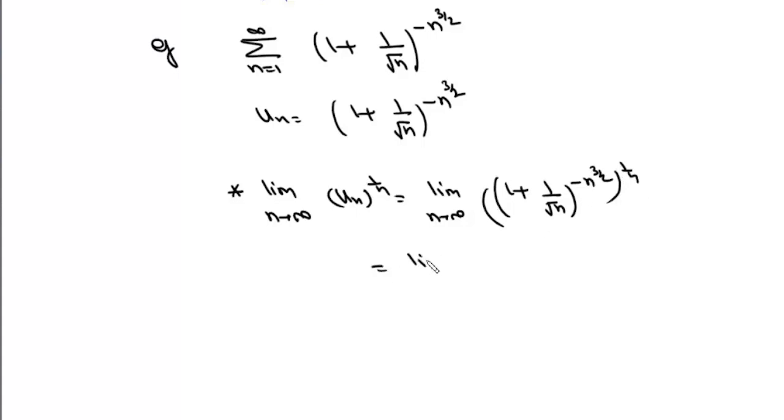So it will be this limit n tends to infinite 1 plus 1 upon under root n, to the power minus n to the power 1 by 2. Now this is a standard limit and its value is e to the power minus 1, which is 1 upon e, and 1 upon e is less than 1. And since the value of this limit is less than 1, it means this series is a convergent series.